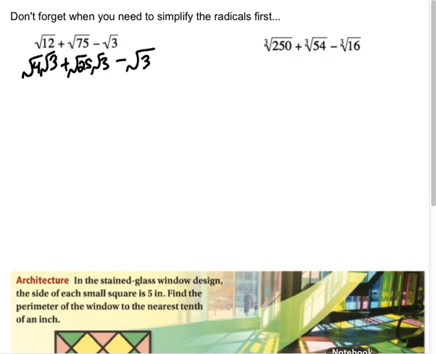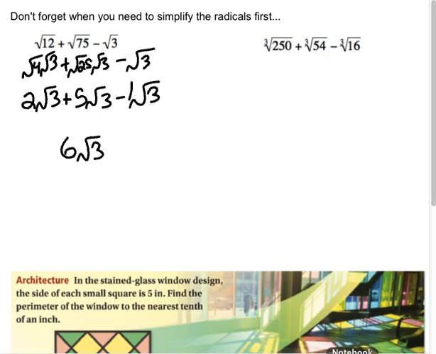I know the square root of 4 is 2. I know the square root of 25 is 5. And then I'm subtracting off another 1. So now that I've simplified the radical, I can see that all three are like radicals, so all three are going to combine. 2 plus 5 is 7, minus 1 leaves me with 6 of those square roots of 3.